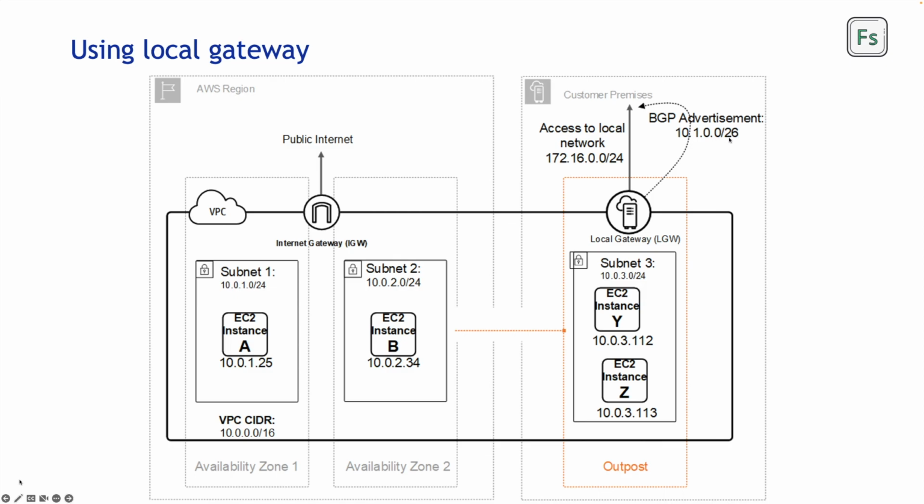What I'm trying to say is that from this subnet 3 we have a subnet which can be used towards the local network, I mean, the one hosted on customer premises, right? And also we can access our own local network, which is this IP CIDR 172.